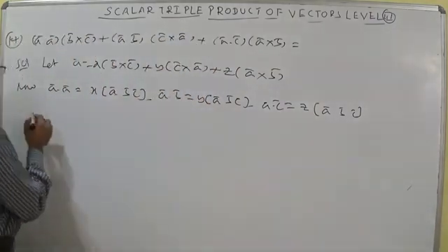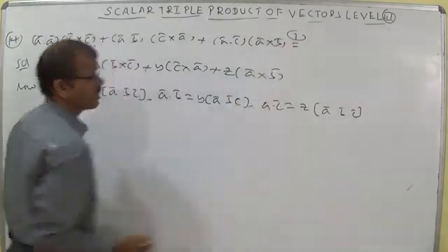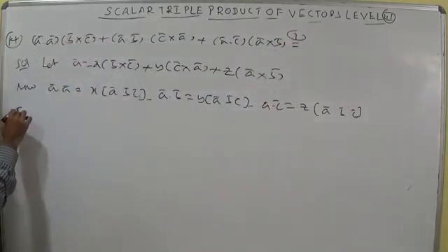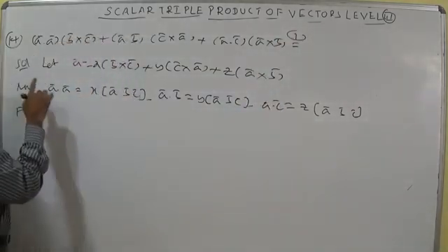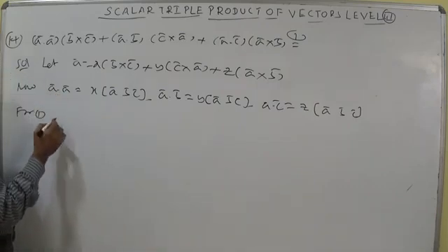So we can write, let it be 1. For 1, we got box ABC into x, box ABC into y, like that.